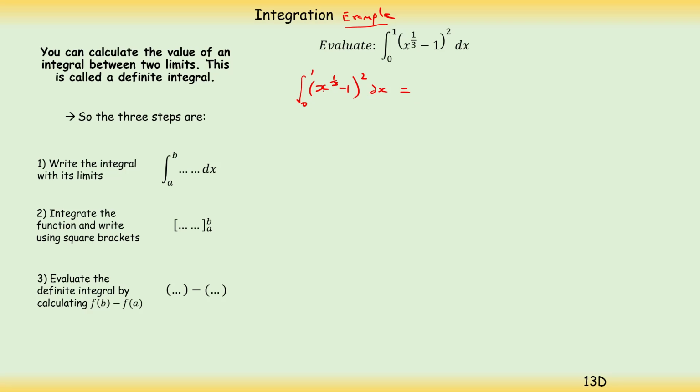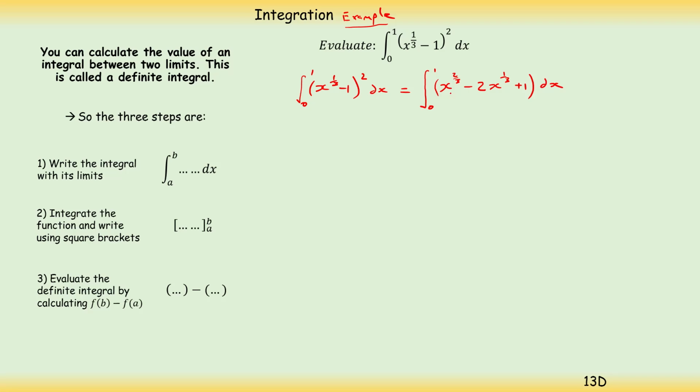First things first, we've got to expand that out to be able to integrate it. It's from 0 to 1. If we expand that out, it's x to the power of 1 over 3 minus 1 times itself. That's going to give us x to the power of 2 over 3 minus 2 x to the power of a third plus 1 with respect to x.